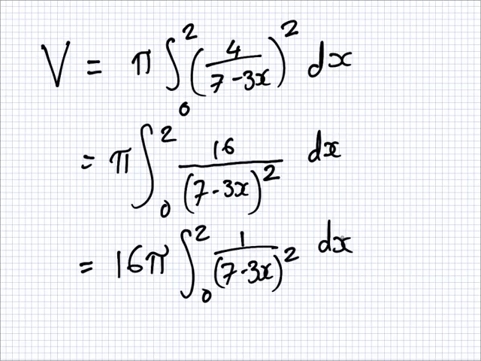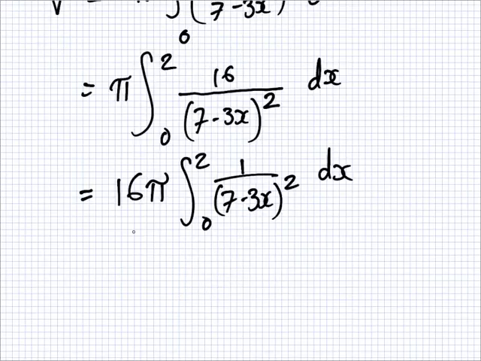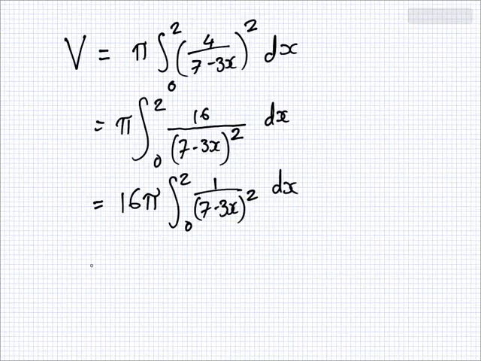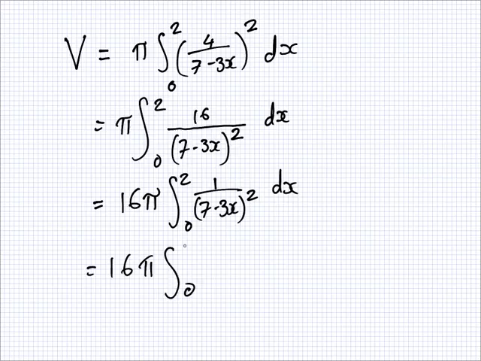So I just took the 16 out. Now I'm just going to put the fraction up the top like this: (7 minus 3x) power minus 2 dx.